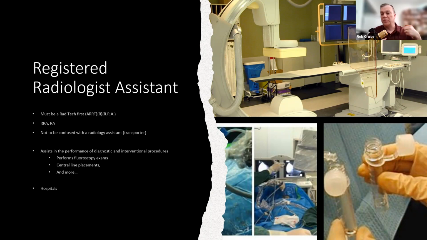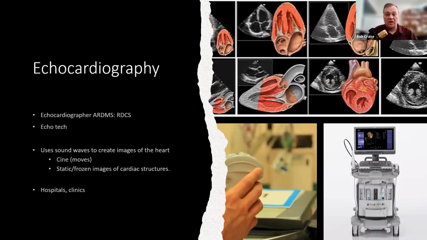So you can poke that catheter as opposed to finding and poking in a vein all the time, and eventually that vein will give out and you can't use it anymore. So we want to avoid that. So that's how we put in a central line. That's the reason. And the radiologist assistant can do that. And you'll find these at hospitals.